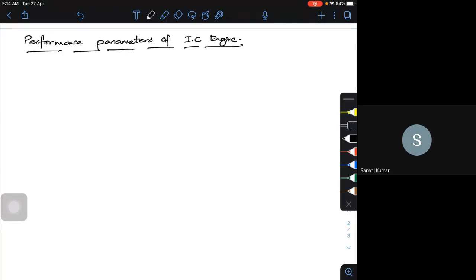One such parameter is your mechanical efficiency. So what is it actually?